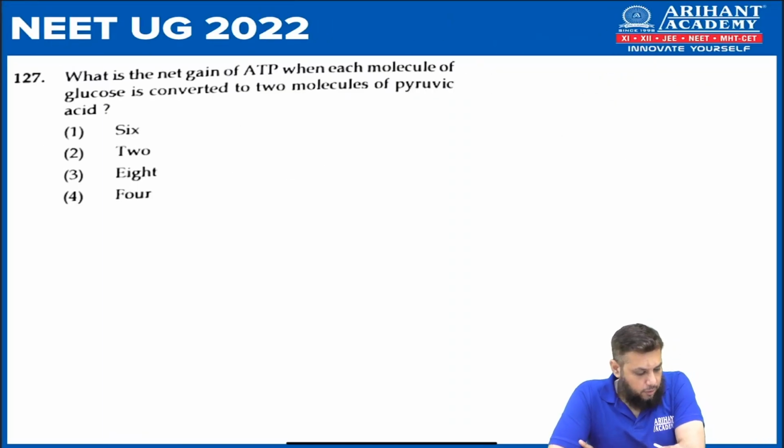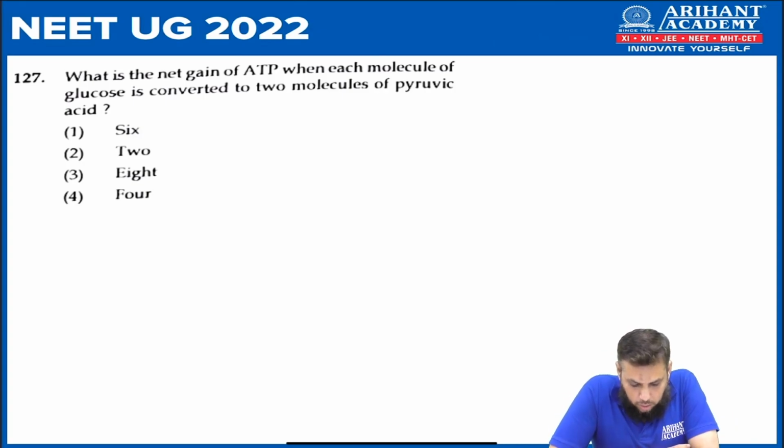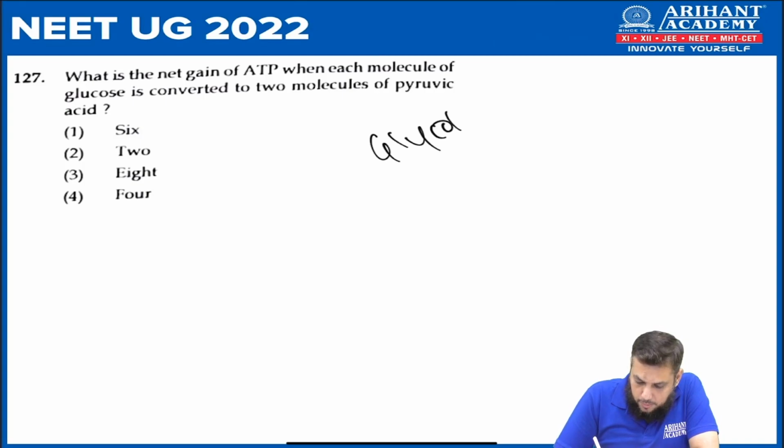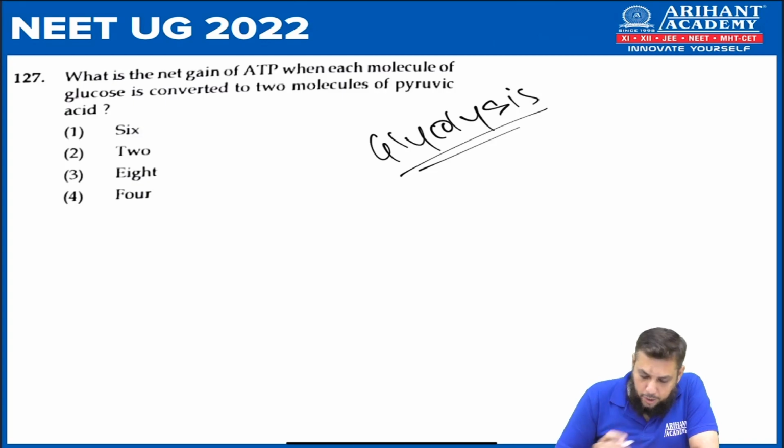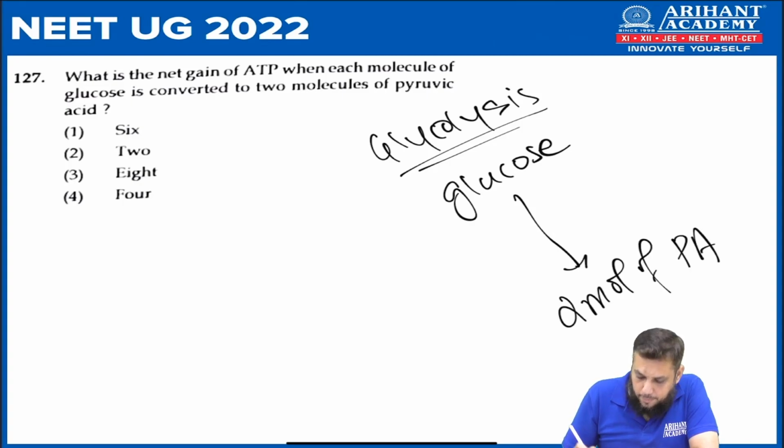What is the 127th question? What is the net gain of ATP when each molecule of glucose is converted to 2 molecules of pyruvic acid? Okay, so they are talking about glycolysis, right? Where 1 molecule of glucose gets converted into 2 molecules of pyruvic acid.